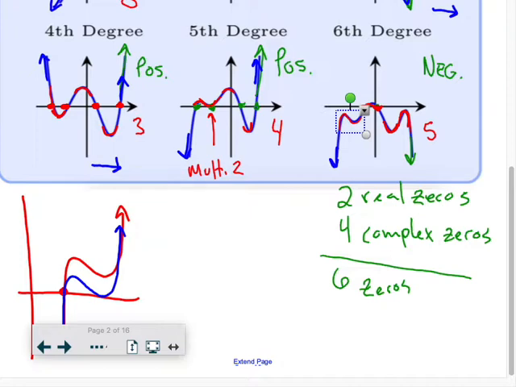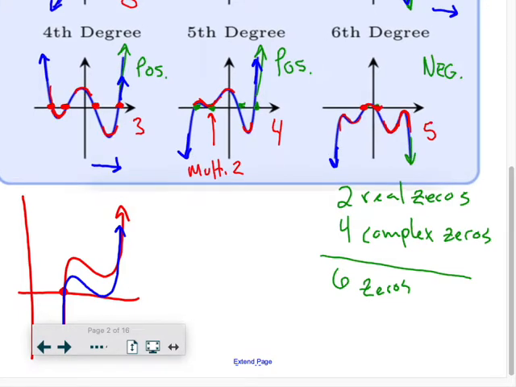So you can say that this behavior right here indicates that we'll have complex zeros, but I cannot say that this is where they are. Same thing here, it turns twice without crossing the x-axis. There's another pair of complex zeros that will exist. They're just not necessarily located there, all right?